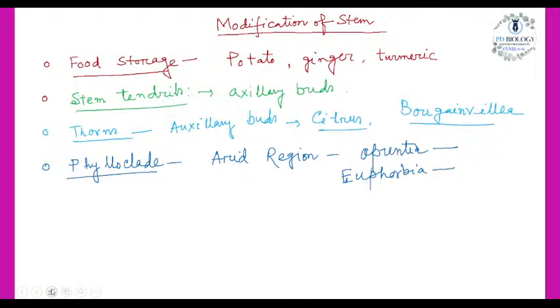Next one, stolon. A slender lateral branch that rises from the base of the main axis and, after growing aerially for some time, bends down to form an arch-like structure, and then again branches are formed.